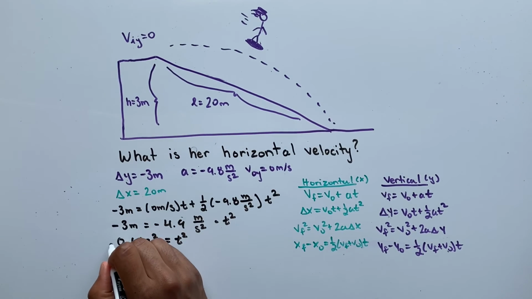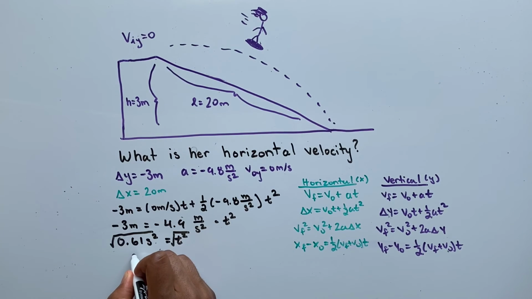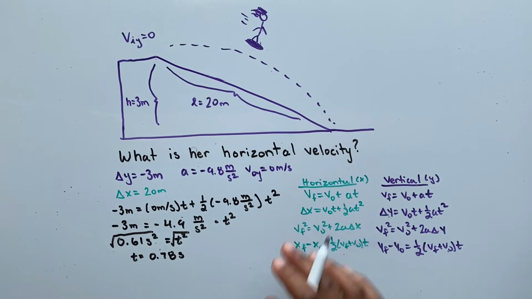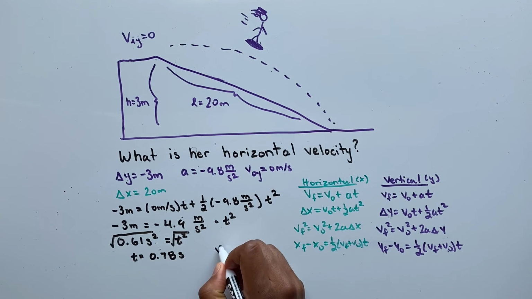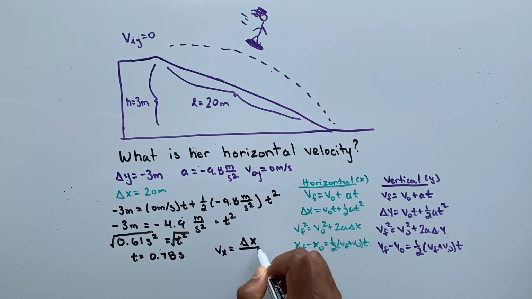And after taking the square root of both sides, we get that our time equals 0.78 seconds. Now we're asked what is the horizontal velocity, and we know that velocity equals our displacement divided by our time.